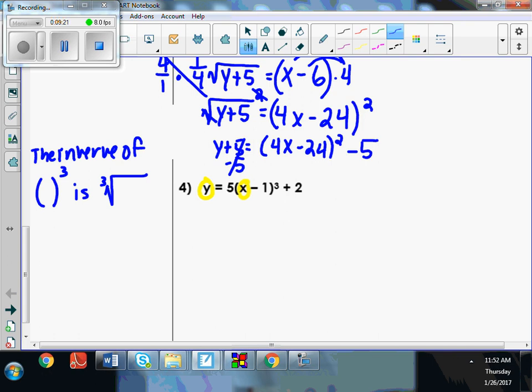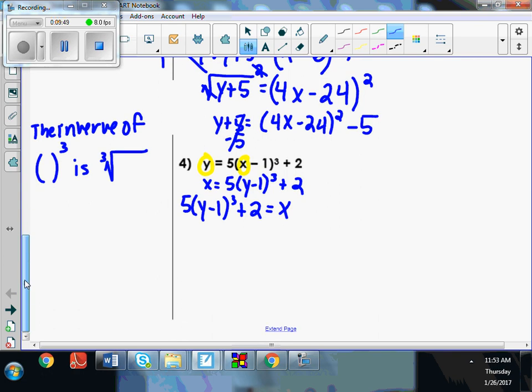If it doesn't have a number written as a root, then you can always assume it's a square root. But cubed roots, we always put the 3 on it. So first we're going to switch x and y. Then, since I'm solving for y, I would write the y part of the equation on the left.